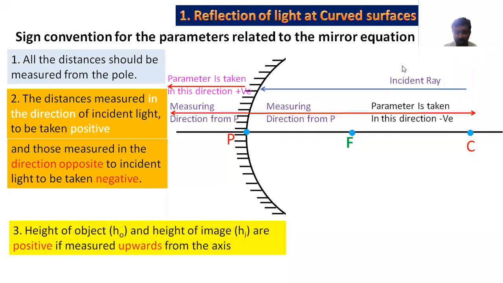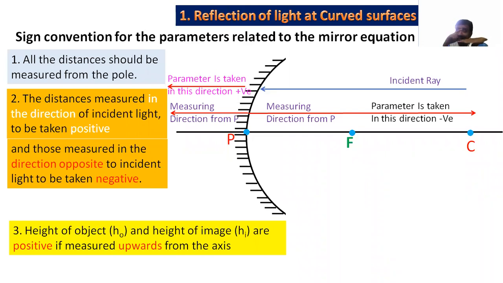What is the third point here? It is vertical measurements. Vertical measurements are what? Heights. If you measure any height, right, it must start from the principal axis. You can move upward or downward, but start from the principal axis.